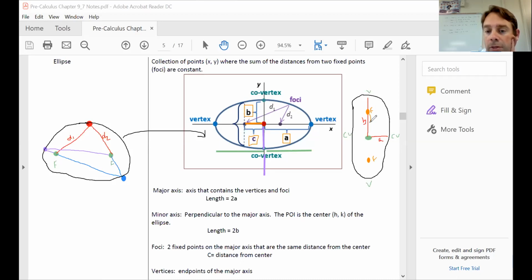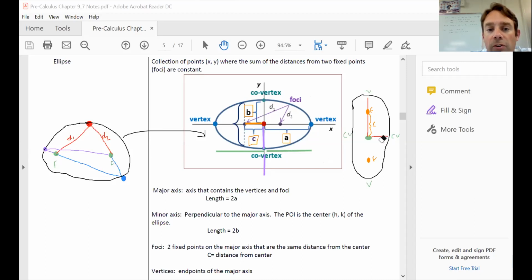And so that length right there, that would be my focal length. We'd call that C. A, B, and C. And friends, if we think about A, B, and C just a little bit here, right? If we think about, oops, I should have changed that out there. I made a mistake here, friend.